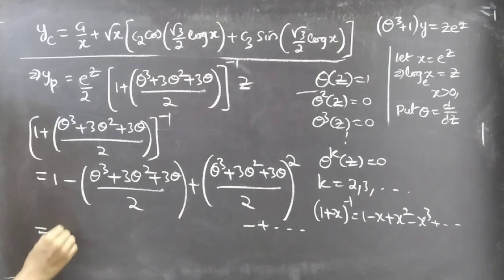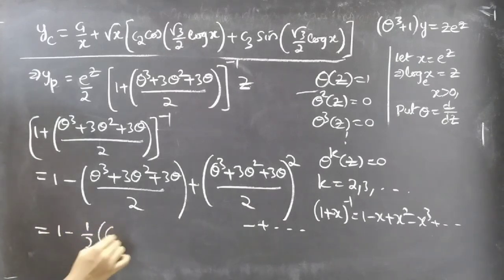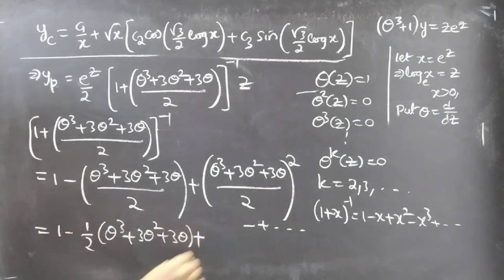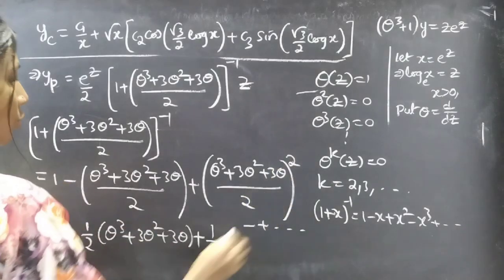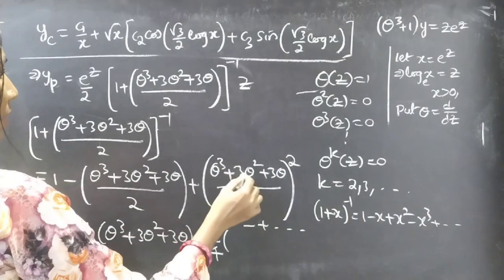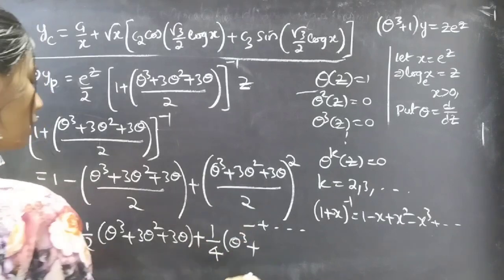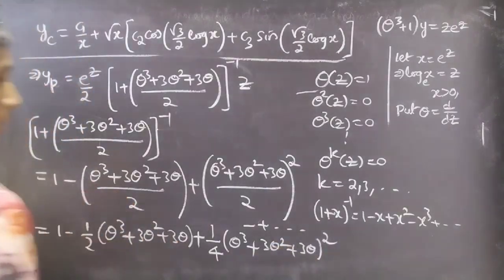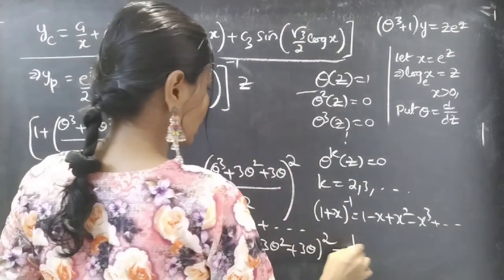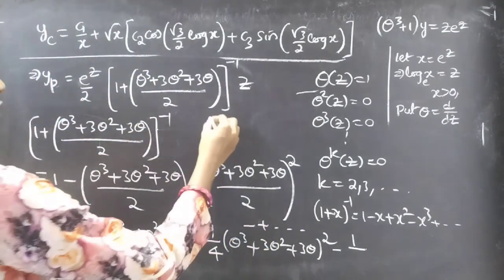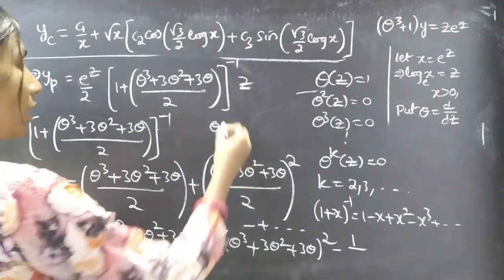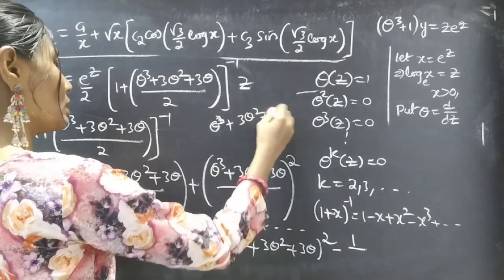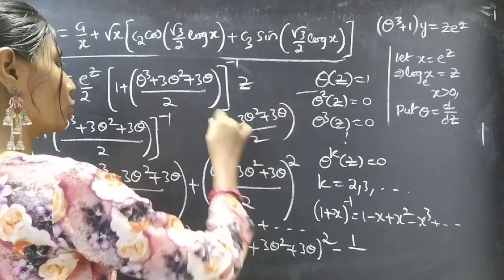This equals 1 minus 1 by 2 into theta cube plus 3 theta square plus 3 theta plus 1 by 2 square is 4 into theta cube plus 3 theta square plus 3 theta whole square, minus, in the next term, theta cube plus 3 theta square plus 3 theta by 2 whole cube, right?